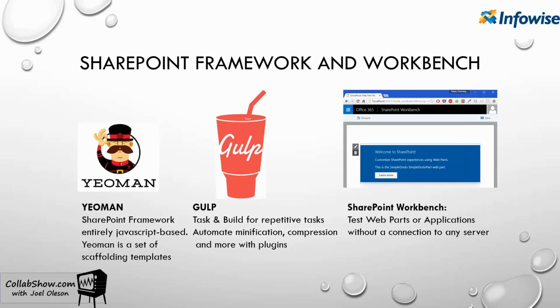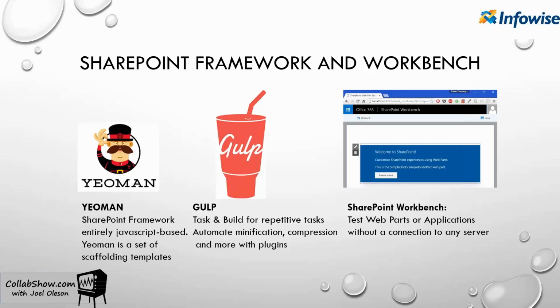So there are also some new things around the developer experience that relate to automation. First off, with SharePoint 2016, we're starting to hear more and more about the SharePoint Framework, which is this new JavaScript-based framework. And Yeoman is this new set of scaffolding templates that you can use when you're building your SharePoint apps, building more of those client-based applications.